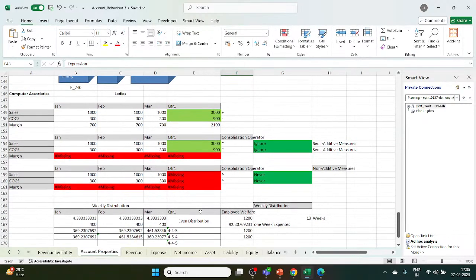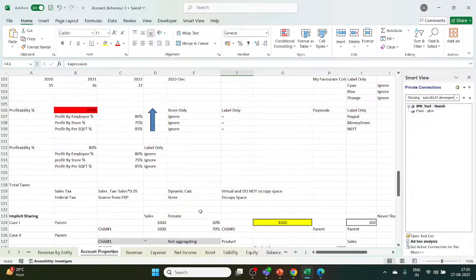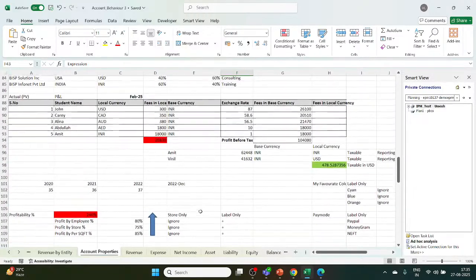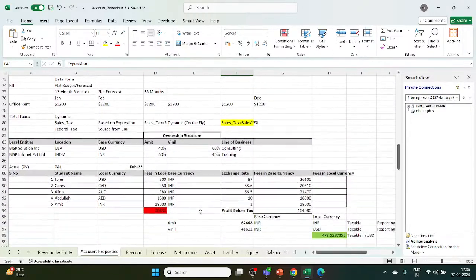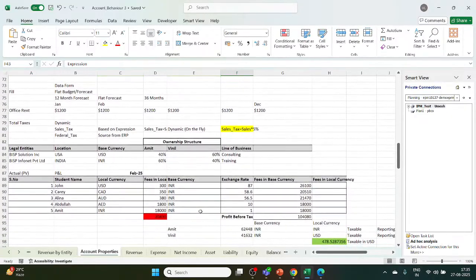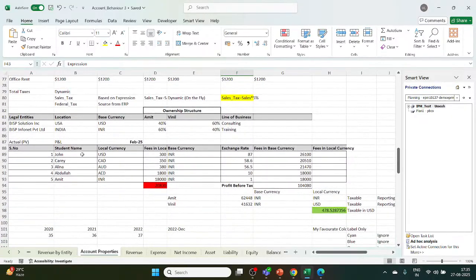Suppose there are different students here, and their fees in the base currency are like 26,100, 20,510, 21,470, 18,000 and 18,000 here.